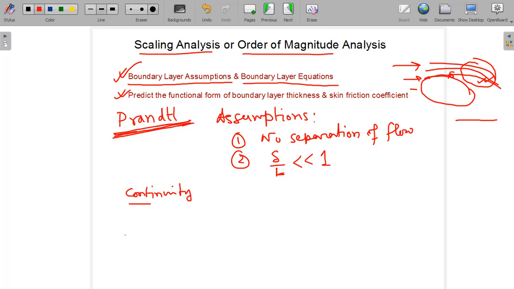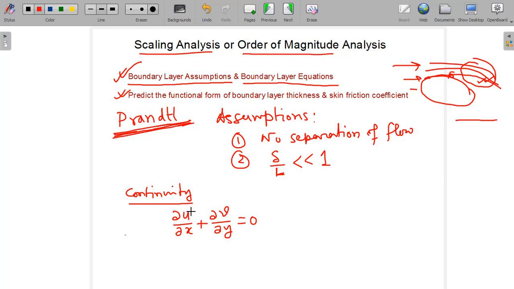Continuity equation. The continuity equation was ∂u/∂x + ∂v/∂y = 0. We are considering a 2D incompressible situation as we have already derived it. Now if you do the scaling analysis of this, what is the order of magnitude of the first term?